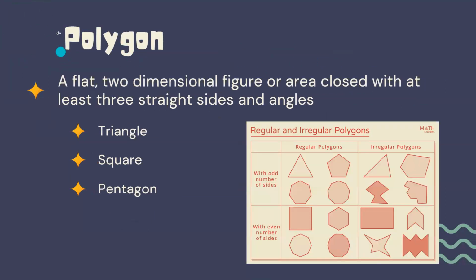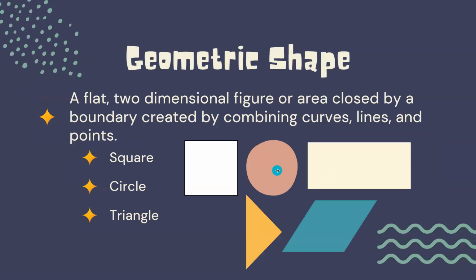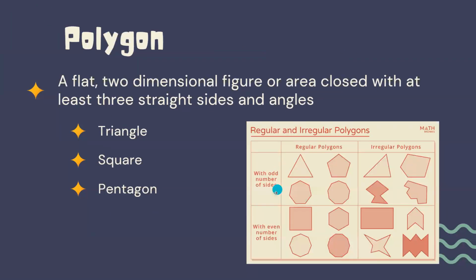Within that, we can have polygons. A polygon is a geometric shape. It's flat, 2D, and again, is a figure that has a closed area. But a polygon has at least 3 straight sides. So we're now cutting out the rounded portion of it, working with straight lines to build our shapes.